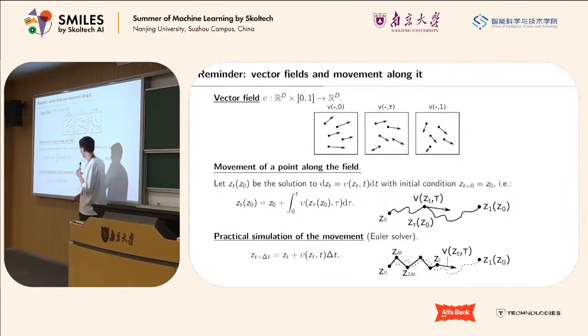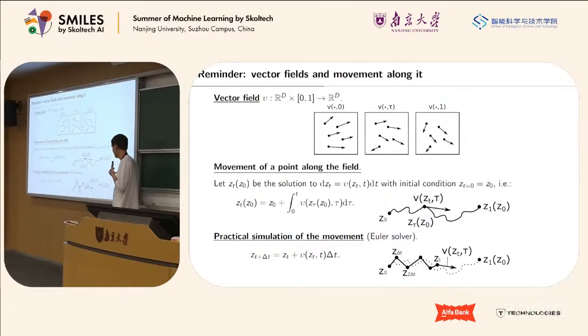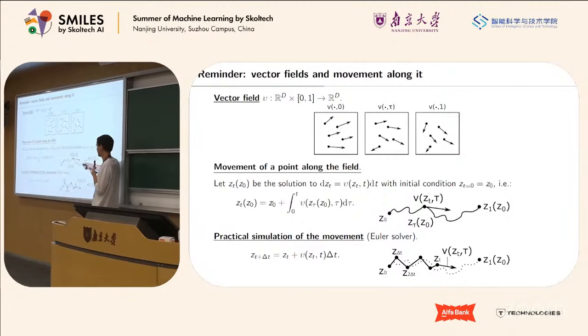Roughly speaking, if we put some point into the vector field at time moment 0, and we say that at time moment t this point moves according to the vector field at the current point and current time moment, then this movement defines some trajectory.